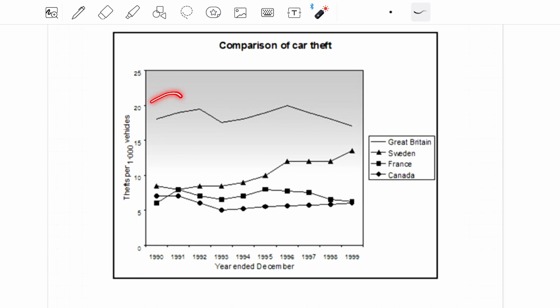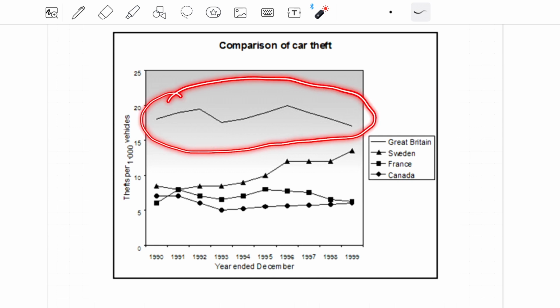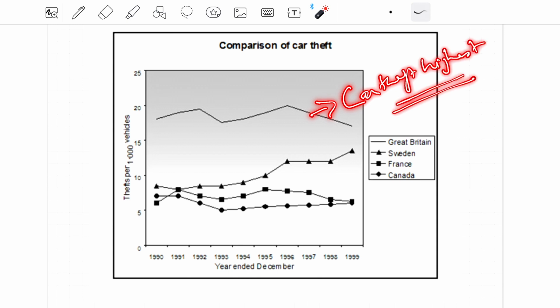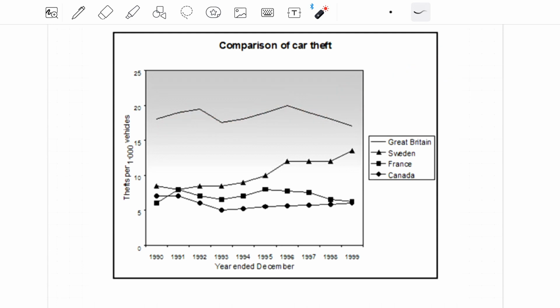Well, so I would suggest that you mention Great Britain in a different paragraph as compared to these 3, because not only car theft in Great Britain was the highest, but also it has a different trend. It fluctuated, right? So you mention Great Britain in a different paragraph, and then you can mention Sweden, France, and Canada.